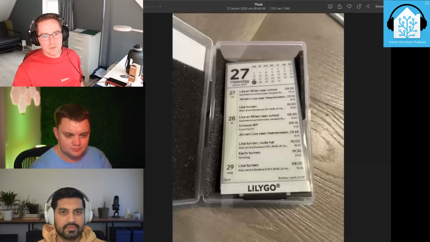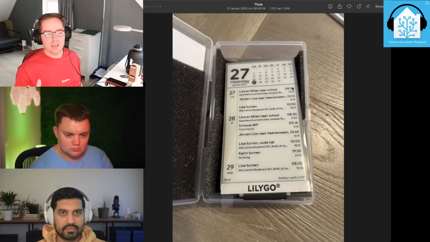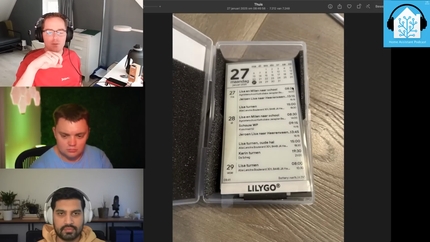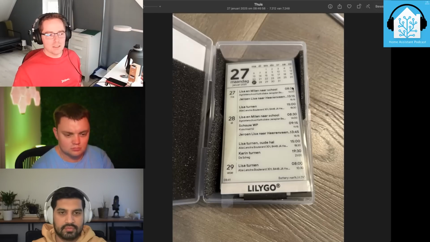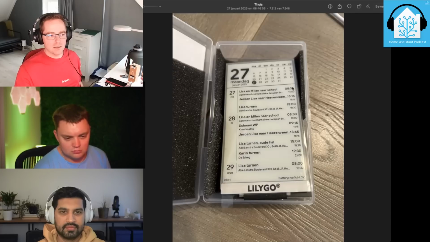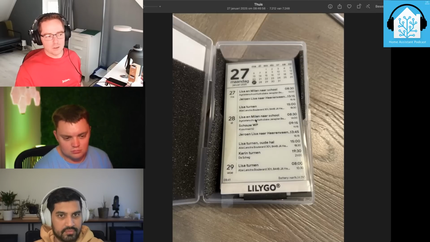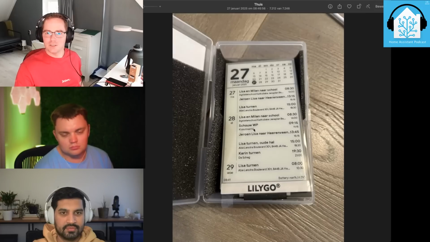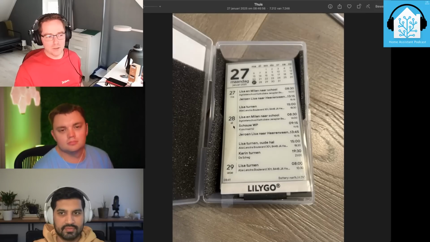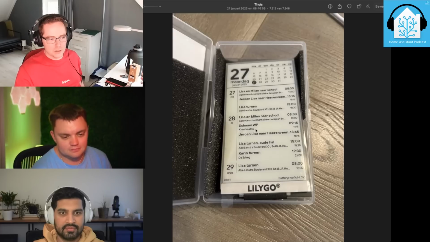What you see, I've shared it on screen now, is a small display laying in a plastic box with a calendar view at the top, and then some scheduled things on our family schedule. In this case, the heat pump, WP, on the 28th is the company coming by to inspect our house to see whether or not the heat pump can actually be installed. And the rest is just some errands and stuff that we need to run.